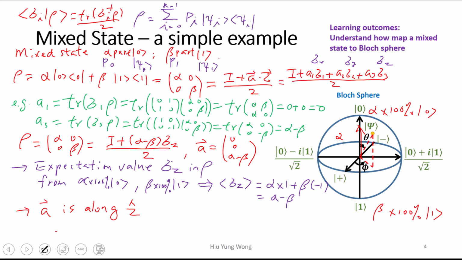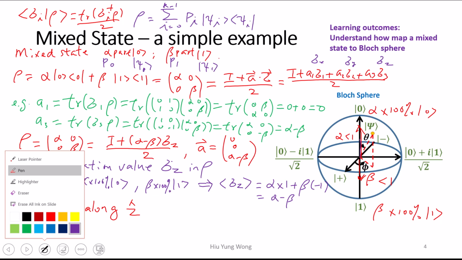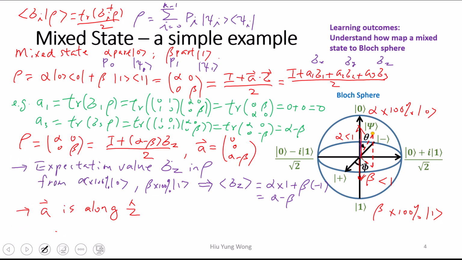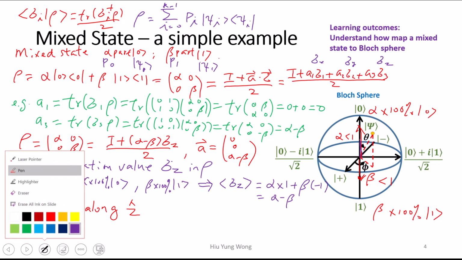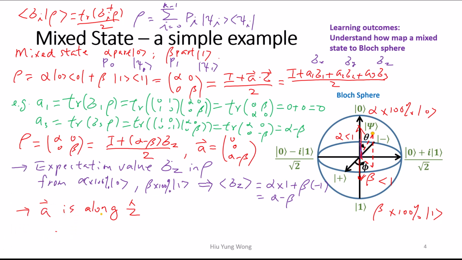And I also have another vector, maybe like this. I have the beta part. It's not full, it's not 1, right? These are all smaller than 1. And then the net effect is that I have a vector, let me use this color, which is alpha minus beta pointing up, right? Of course, if it's negative, then it's pointing down, right?